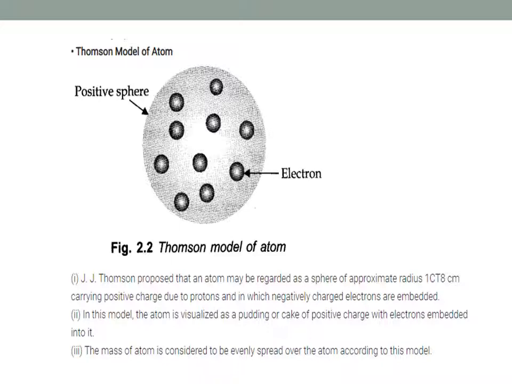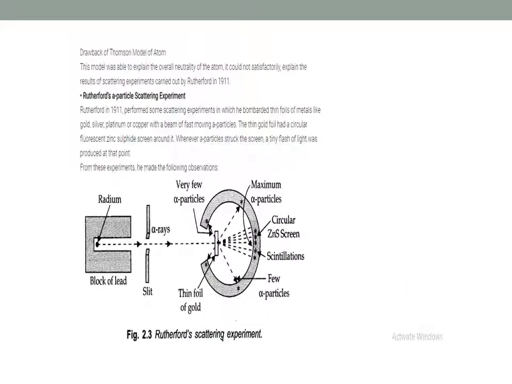In this model, the atom is visualized as a pudding or cake of positive charge with electrons embedded into it. The mass of atom is considered to be evenly spread over the atom according to this model.